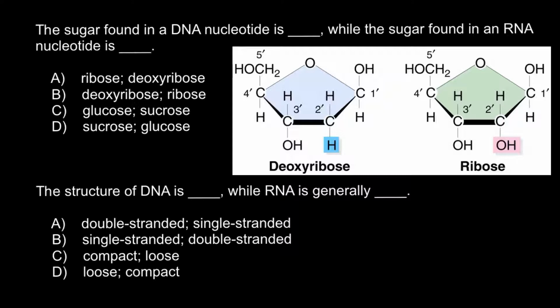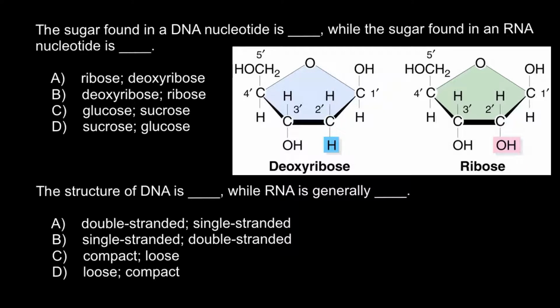so we have carbon 1 here, carbon 2, carbon 3, carbon 4, and here we have carbon number 5. And in deoxyribose, as you see, deoxy means that on carbon number 2 it is missing oxygen.